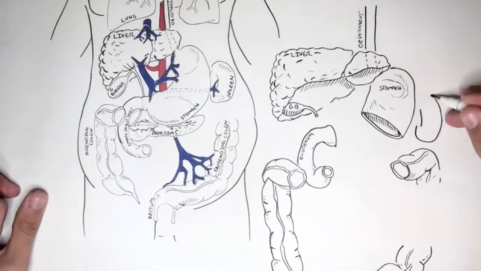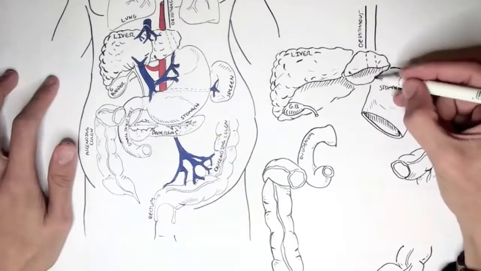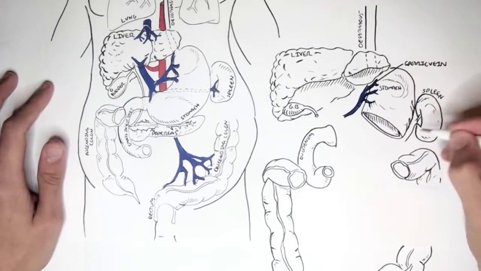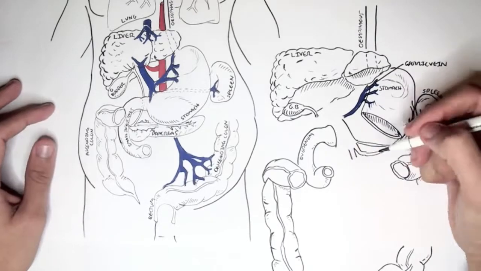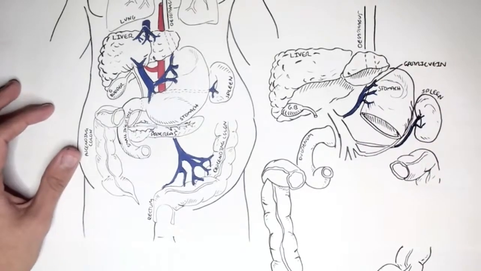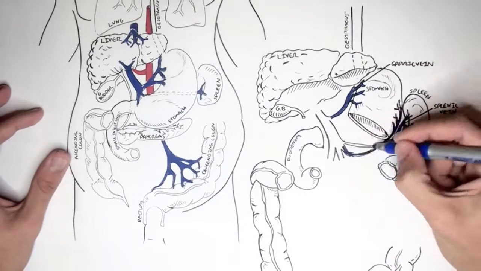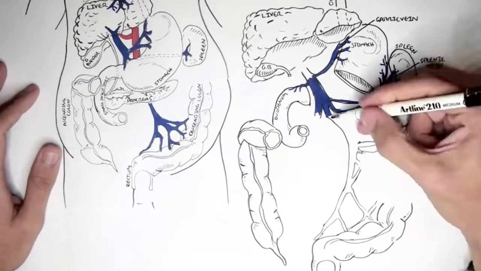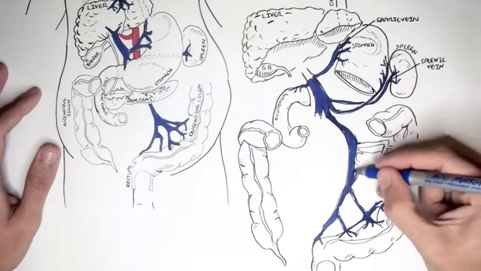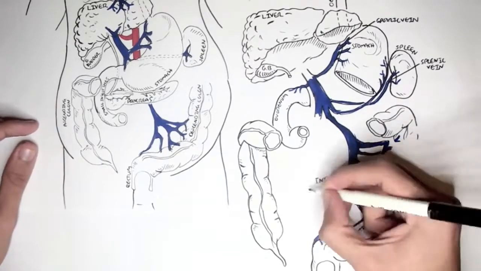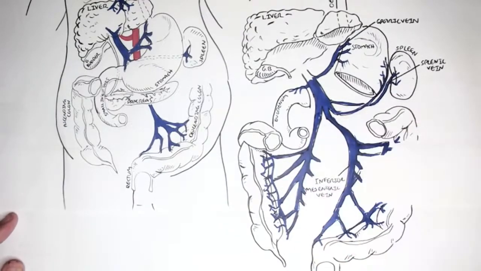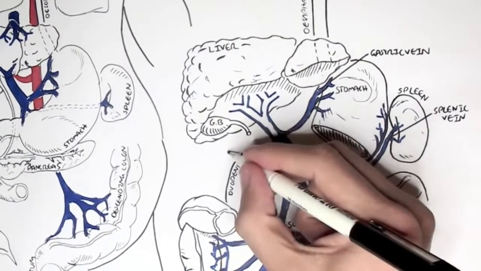All the veins returning deoxygenated blood and nutrients from these organs will flow through the liver first before joining into the inferior vena cava. And so here, the gastric vein will join the portal vein, the splenic vein will join the portal vein, the intestine veins, which are made up predominantly of the inferior mesenteric vein, will return blood from the descending large intestines, and the superior mesenteric vein will return blood to the portal vein from the ascending, transverse, and small intestines.